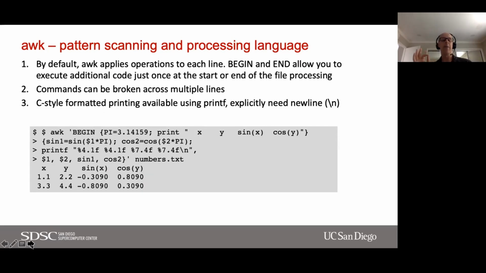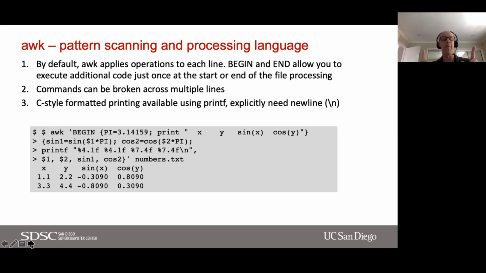And then one last feature of awk, and this is starting with the begin and end features. Sometimes you want to print something out just once, but awk by default is going to apply everything to every line of code. So here, what I did was I used the begin statement.